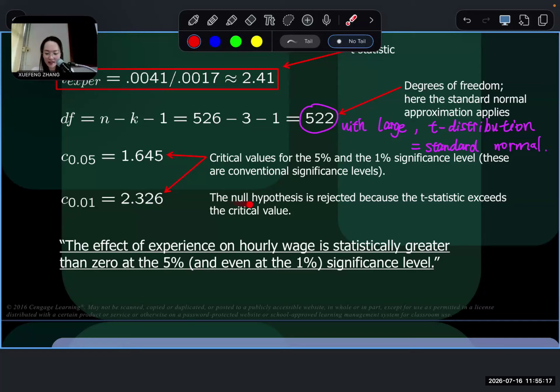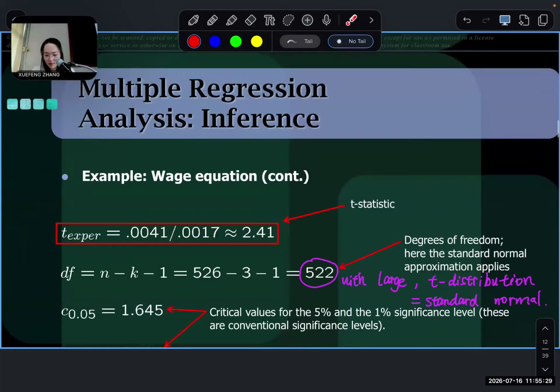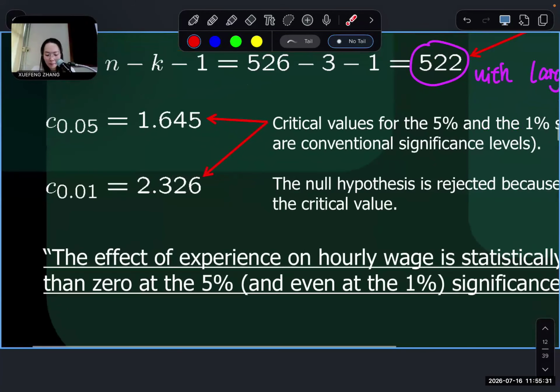Which means we can reject our null hypothesis at 5% or even at 1% significance level. So basically, 1% is stricter, okay?